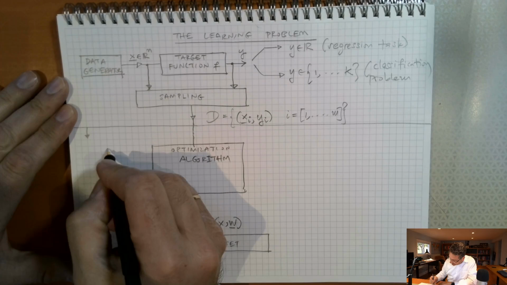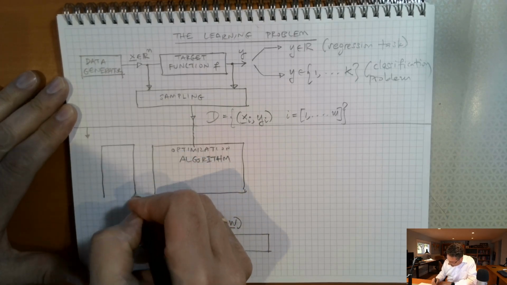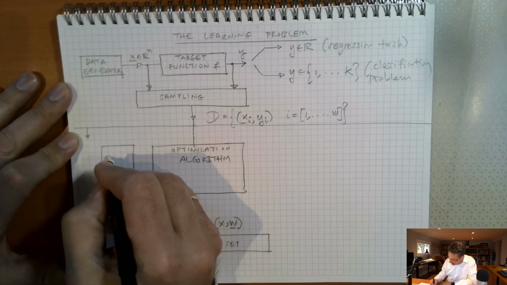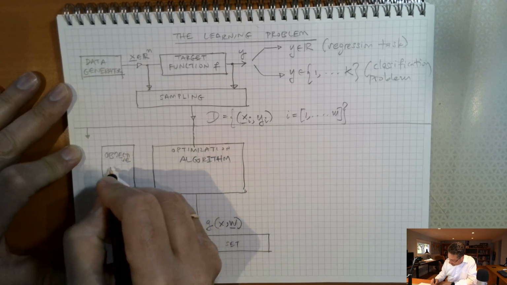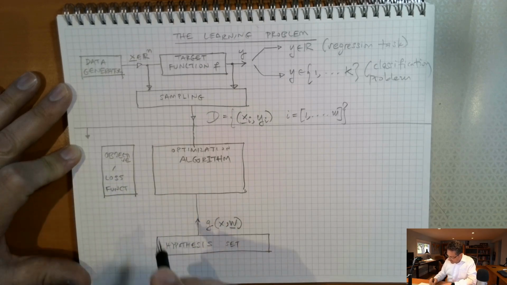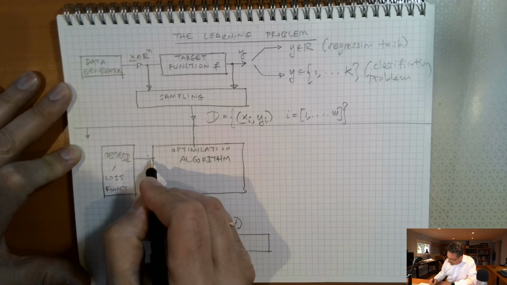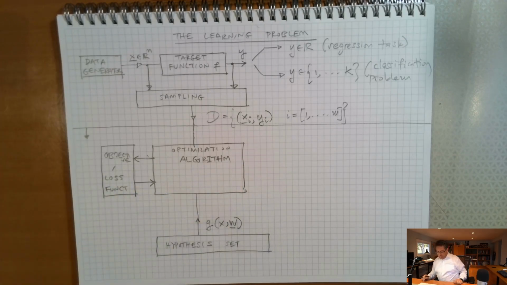And with the help of another block, which I will draw over here on the left, which I will call the objective or loss function, it will provide some information to that objective loss function block, and that block will respond back as to how well this parametric function g, which is our hypothesis, matches the target function f.